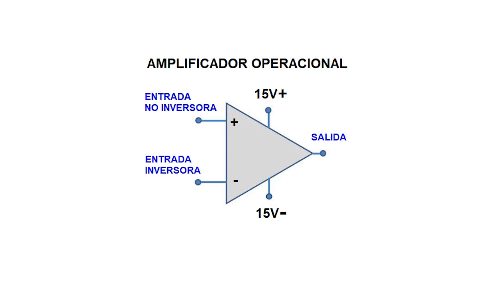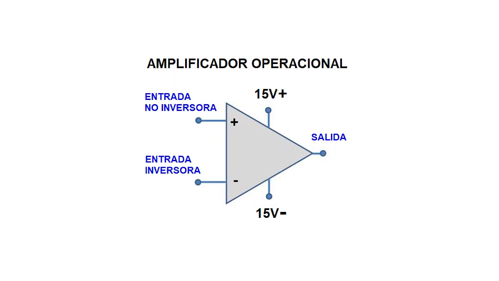We have an output terminal that gives us the amplified signal, and we have 2 input terminals. These 2 input terminals correspond to the signals that we are going to amplify, or what we are going to compare. We find an inverting input terminal and a non-inverting input terminal. We can also find them as positive and negative input.